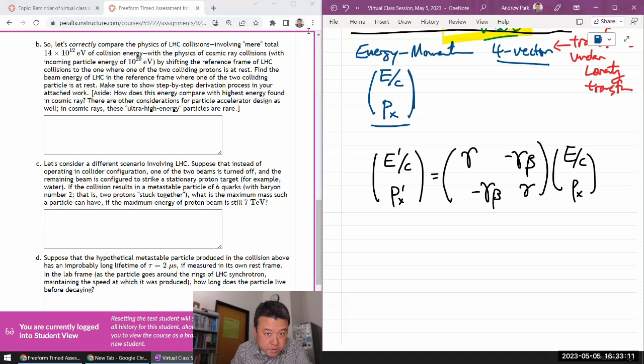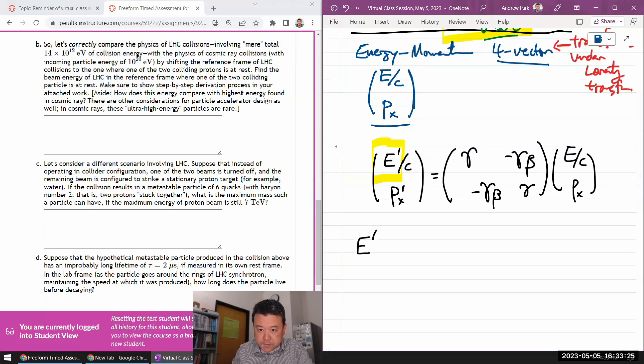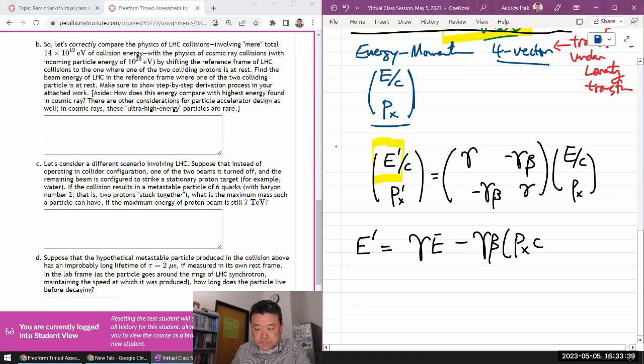Find the beam energy of the electricity, so I'm looking for this quantity here, E prime. So E prime is equal to, I'm just going to do some of the algebra in my head, gamma E minus gamma beta pxc.